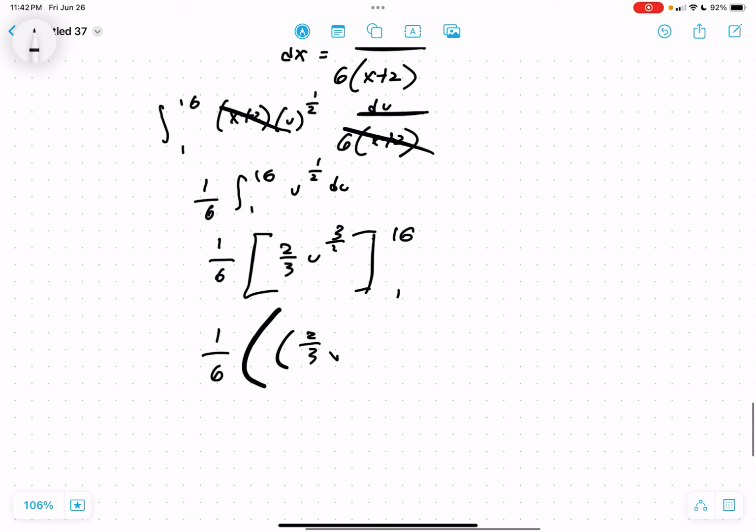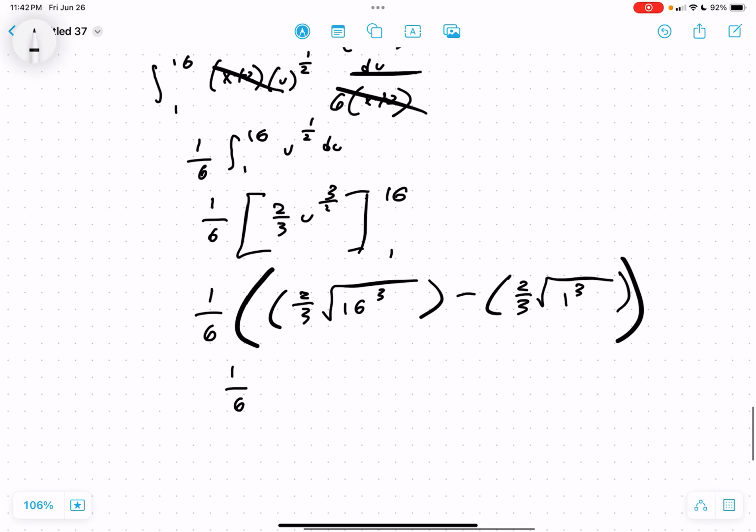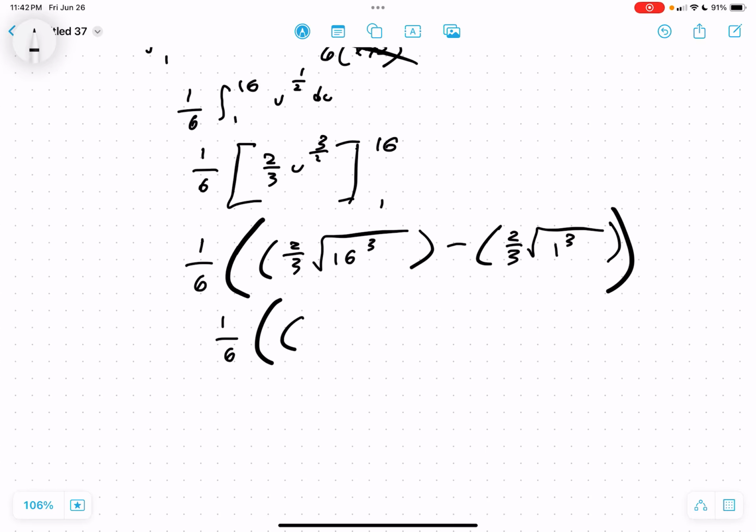This is going to be 1/6 times 2/3 square root of 16 cubed minus 2/3 square root of 1 cubed. Now for this 16 cubed, I can take out a 16 because I have 16 squared.